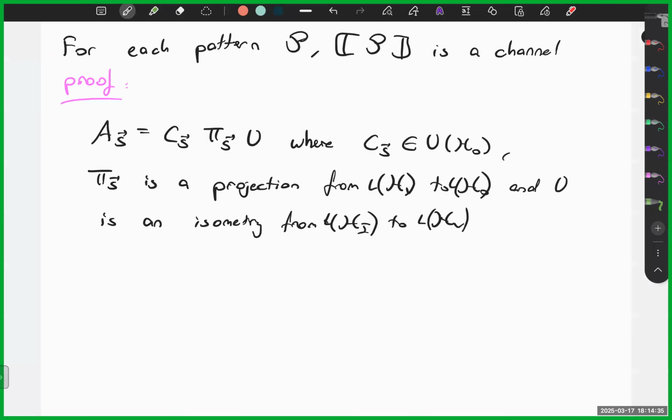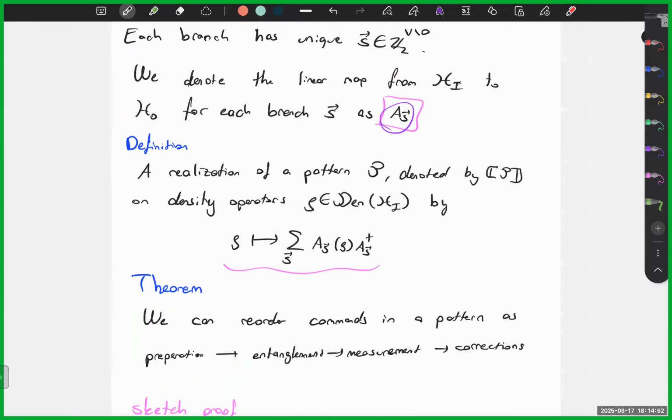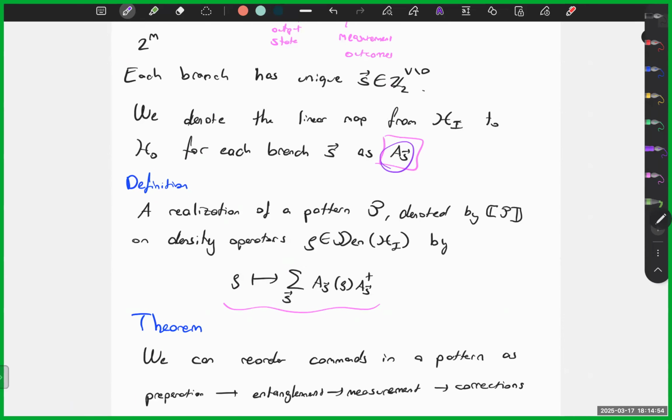Normally you don't have them, but you can also treat the projection and the isometry as a linear map on the L's of those things. But I guess here you mean H_I, H_C, H_O. Okay, maybe I get confused, because then what is wrong with defining it like this, not in the H parts?